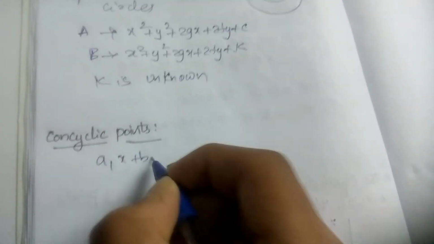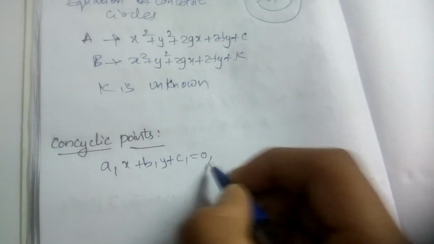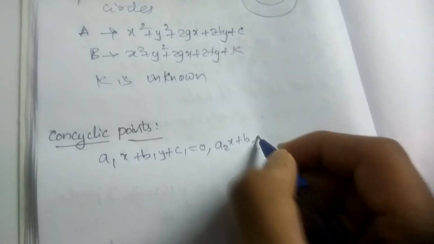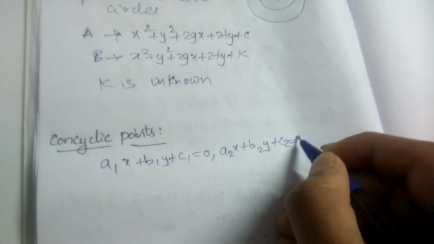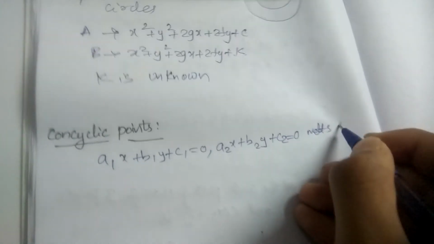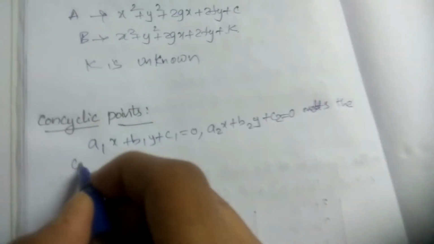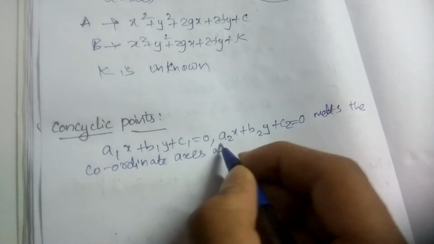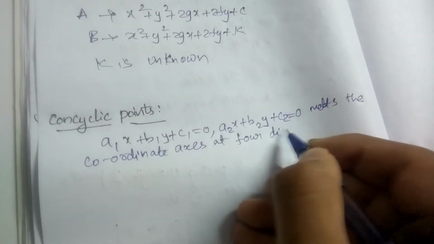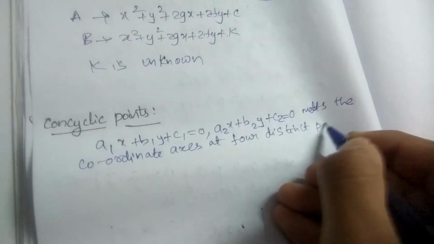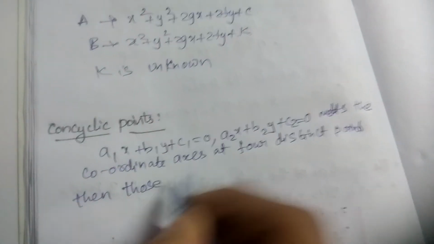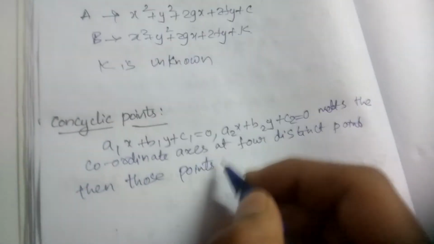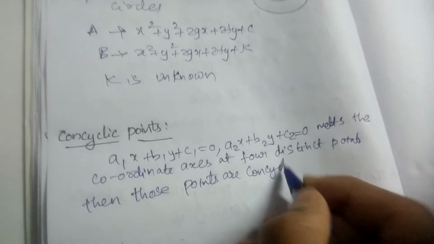If the lines a1x plus b1y plus c1 equal to 0, a2x plus b2y plus c2 equal to 0 meet the coordinate axes at 4 distinct points, then those points are concyclic points.